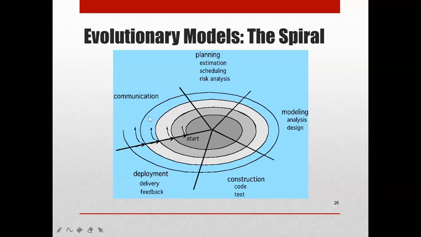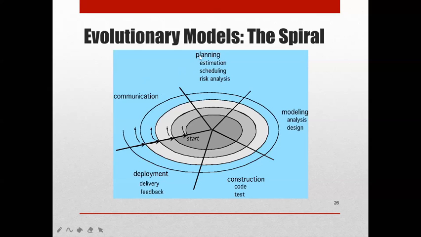What is the first one? Communication. You can give the heading as customer communication. What is the meaning of customer communication? Here it is suggested to establish customer communication. You need to talk with your customer about your requirements and specifications. What is the next one? The next heading you can give is planning.